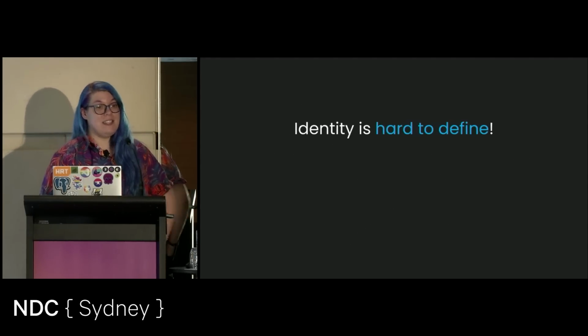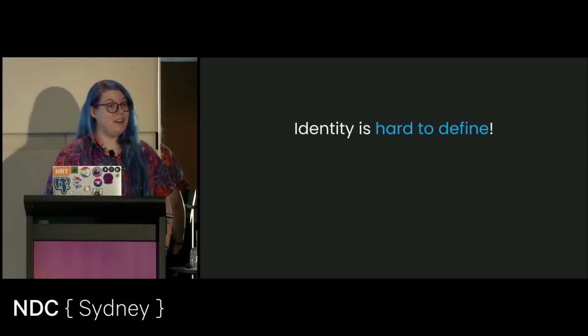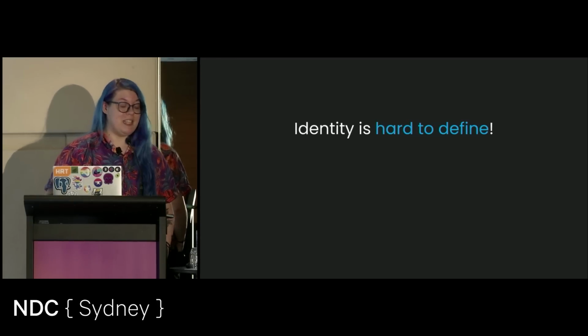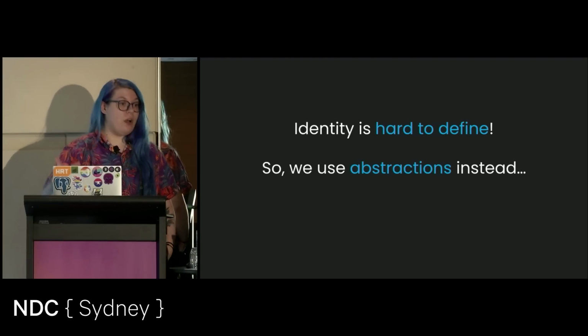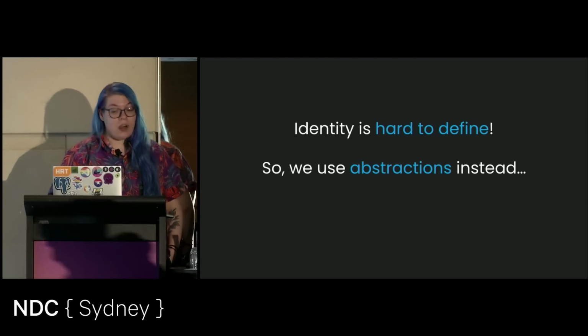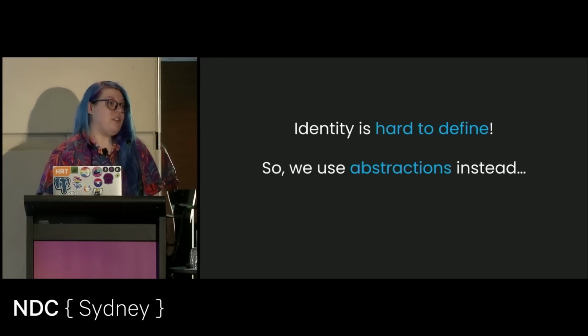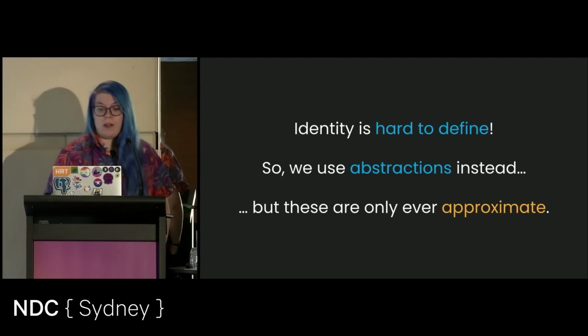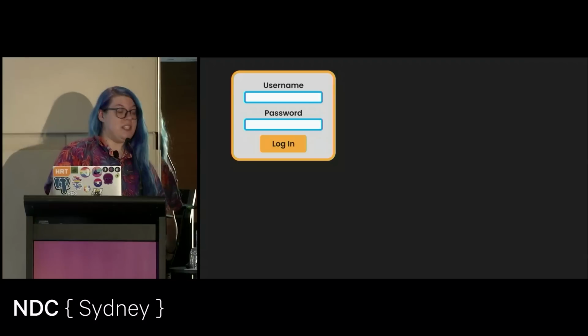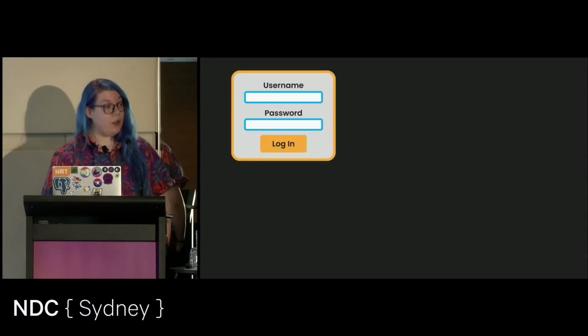It turns out identity is really hard to define, philosophically, let alone programmatically. So instead, we use abstractions: things you know, things you have, things you are. But these are abstractions and they can leak. They can only ever be approximate. We can have a look at some options for these kinds of abstractions. We've got things like a username and password-based system, something you know.